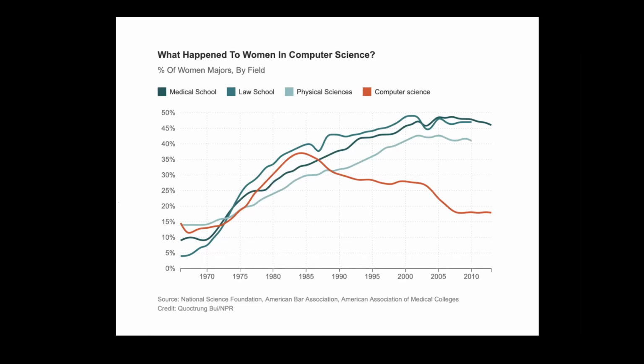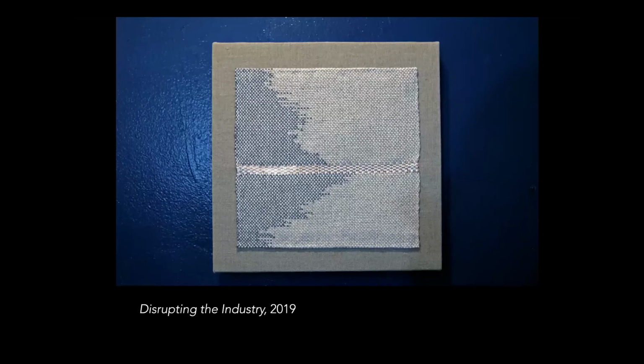But for computer science, it just took a nosedive. And there are a few theories of why this happened. And my piece, Disrupting the Industry, is a representation of that rise and fall of the percentage of women getting computer science degrees over time.